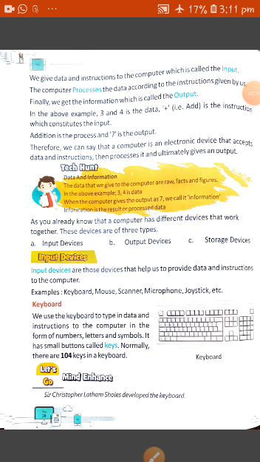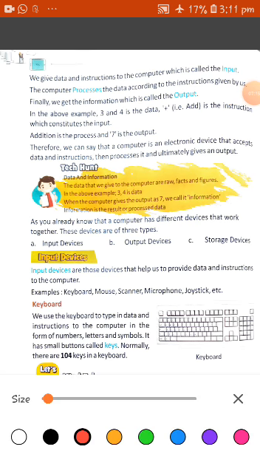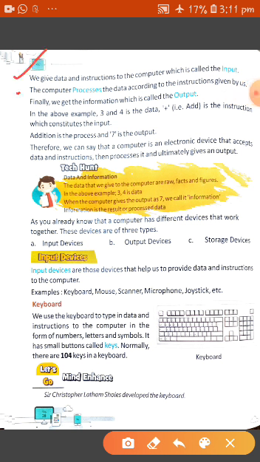Now we give data and instructions to the computer, which is called input. The computer processes the data according to the instructions given by us. Finally, we get the information which is called the output.